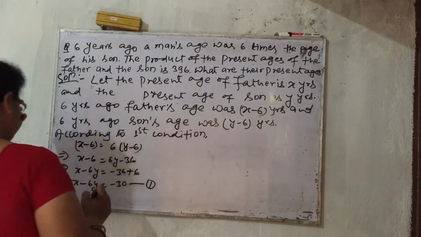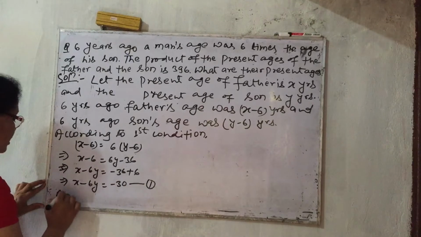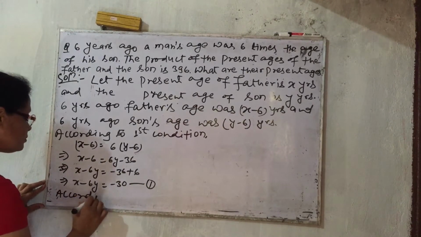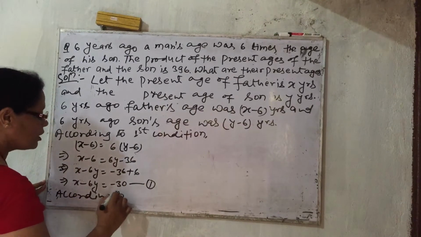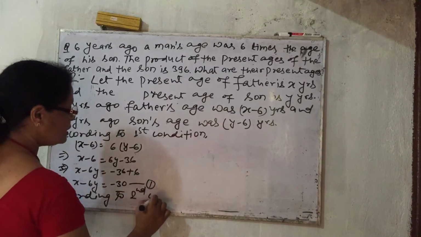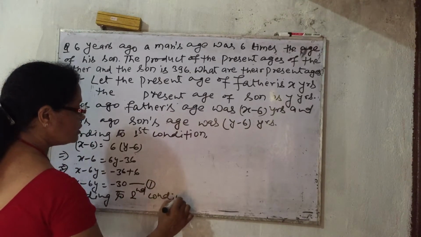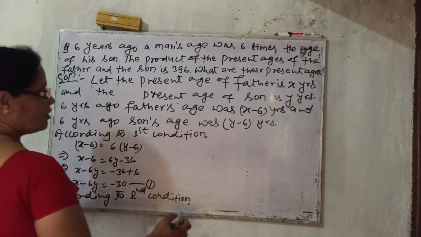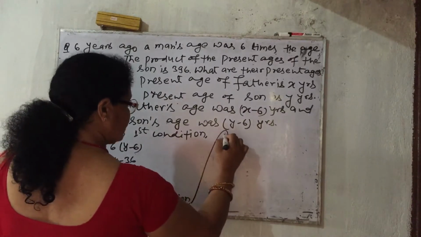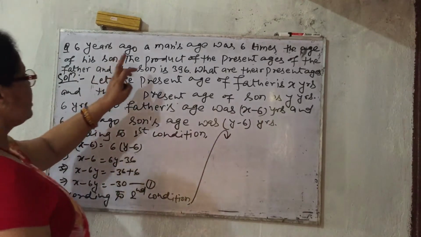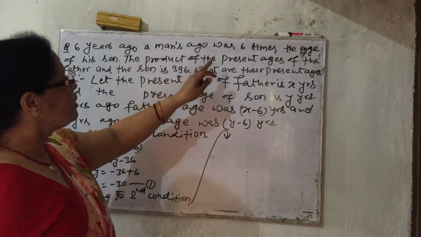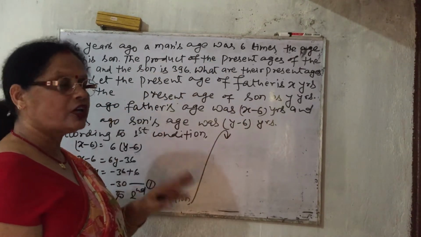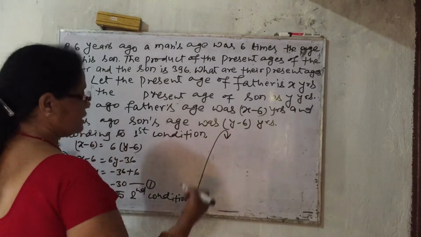Now, according to the second condition. What is given in the second condition? The second condition is saying the product of the present ages of the father and son.